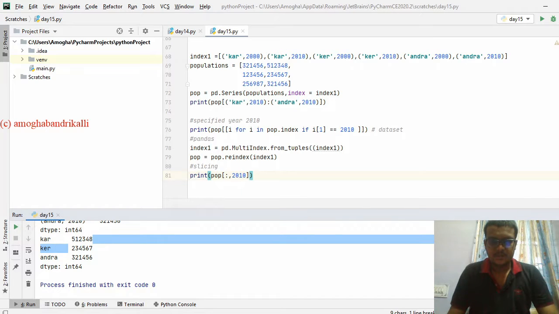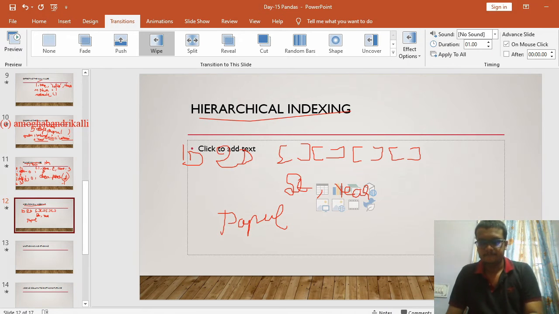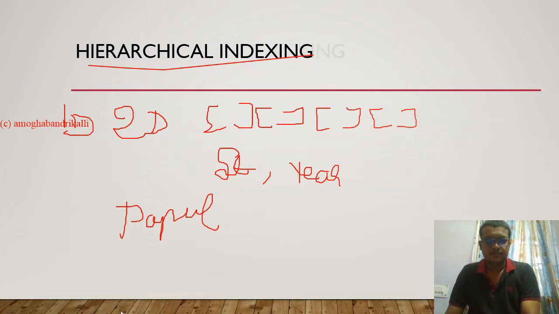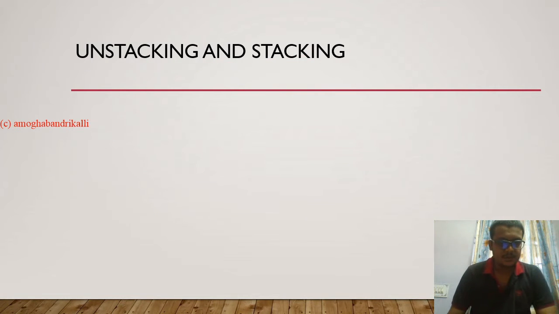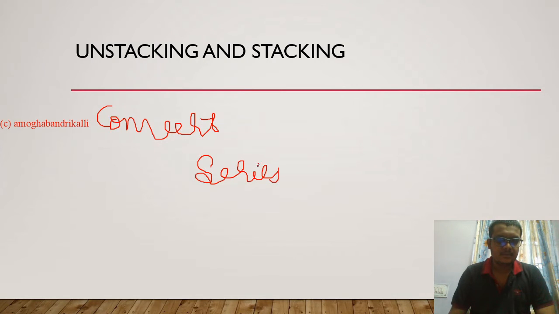So the next operation is, okay, let me take a pen here. Unstacking is used to convert the series to an indexed data frame.